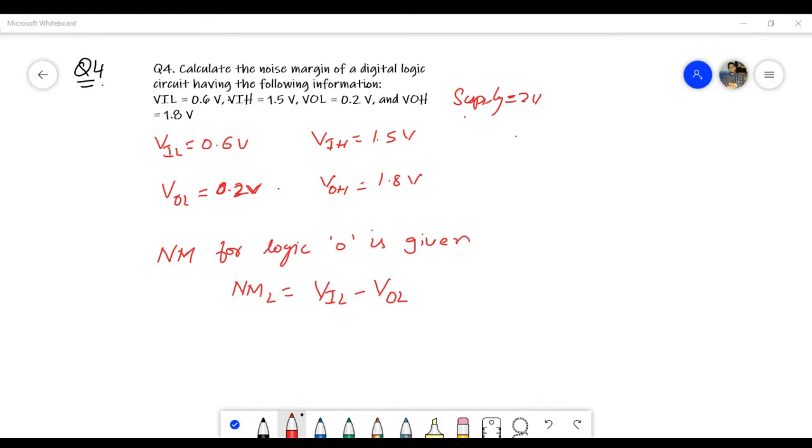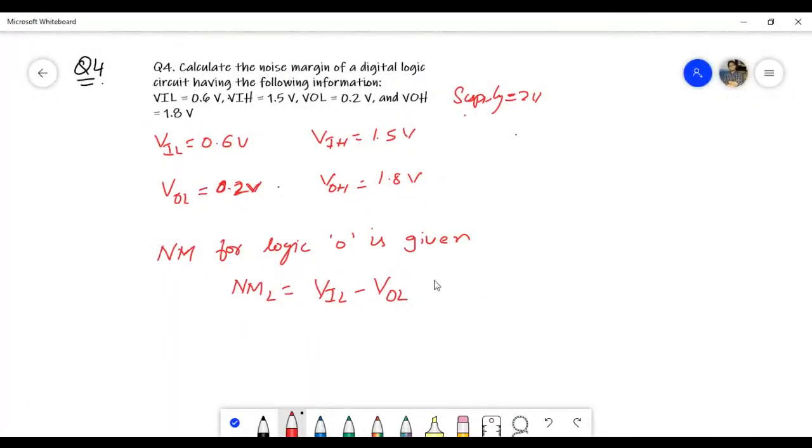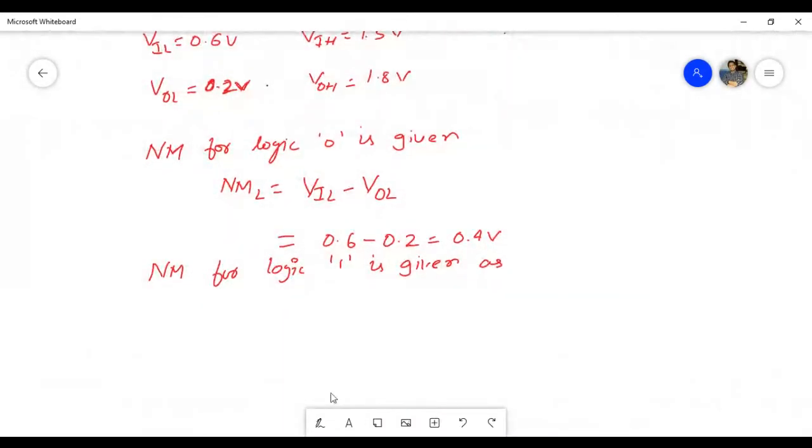So what is VIL given here? VIL is 0.6 and VL is given as 0.2, so it will be 0.4 volt. Okay. So noise margin for logic 1, how can we write it?